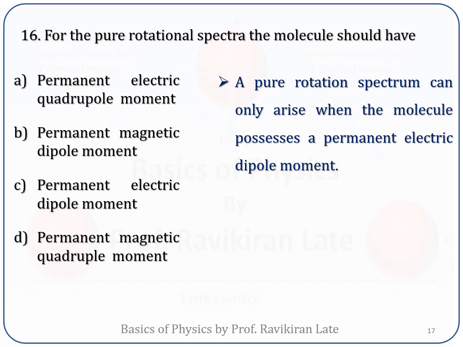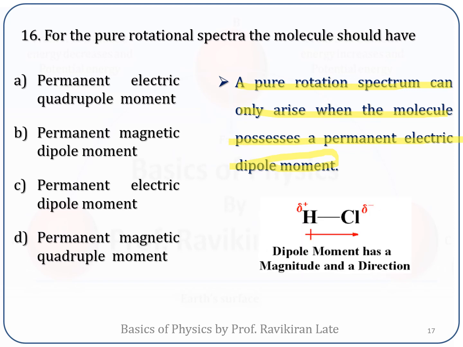We had studied that a pure rotational spectrum can only arise when the molecule possesses a permanent electric dipole moment. If a molecule has a permanent electric dipole moment, then and only then will the molecule give the pure rotational spectra. This means a dipole moment will arise when the molecule has permanent charges on its constituent atoms.